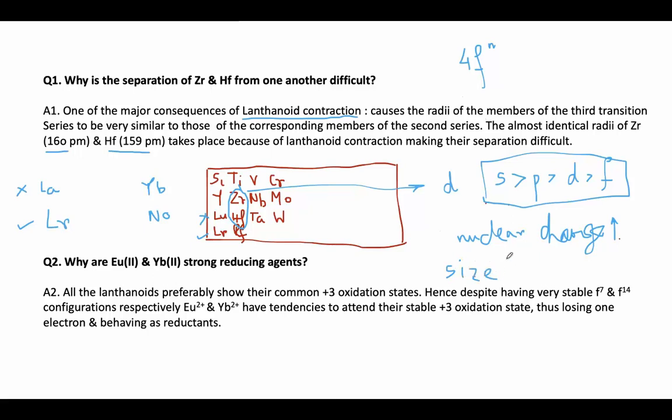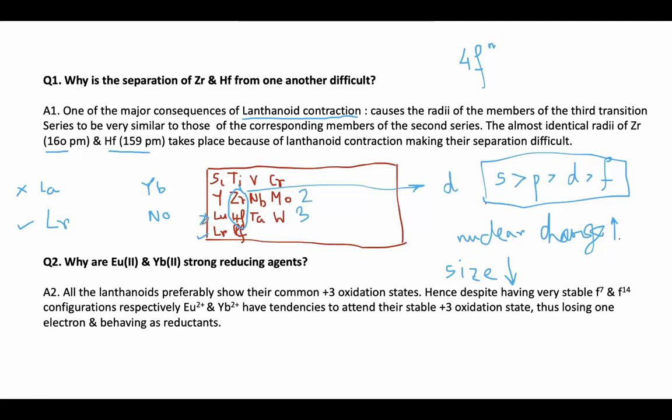So from left to right, the size decreases, though the atomic number increases. Now this cumulative effect of the contraction of the lanthanide series causes the radii of the members of the third transition series to be very similar to those of the corresponding members of the second series. So hafnium is in the third series and zirconium is in the second series.